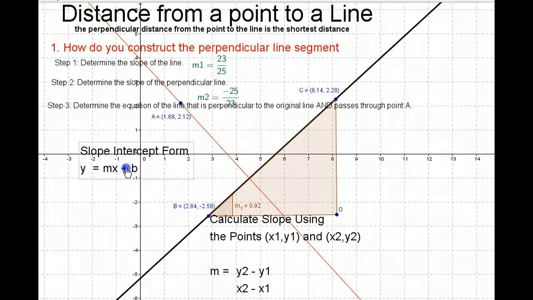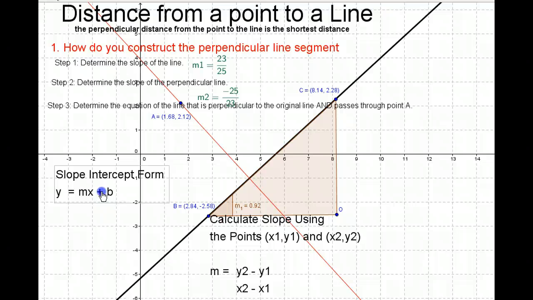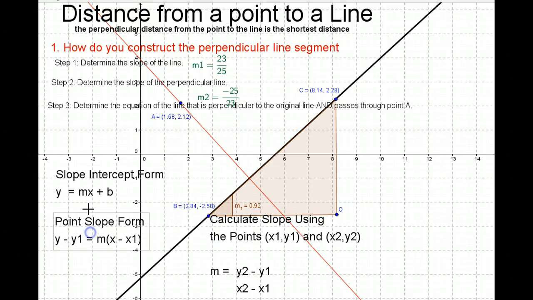You guys are most familiar with the slope-intercept form, but in order to use this form, you need to know not only the slope of the line, but you also need to know where the line crosses the y-axis, which we really don't have access to the exact location of. So my favorite form is the point-slope form, because all you need is a point that's on the line and the slope, and we have both. We have the slope of the line and we have the coordinates of the point that's on the line as well.